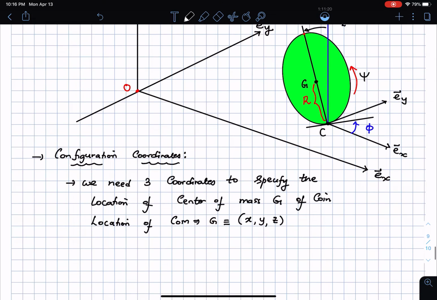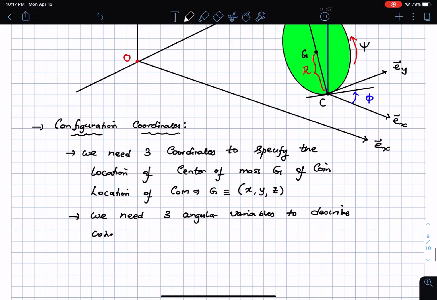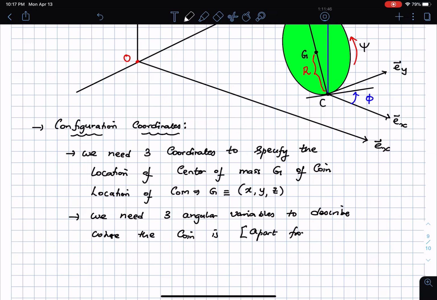Okay, then what else do we need? We need three angular variables to describe where the coin is, apart from the location of the center of mass, to describe the location of the coin at any instant in time.